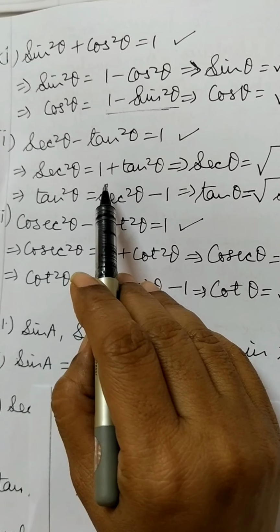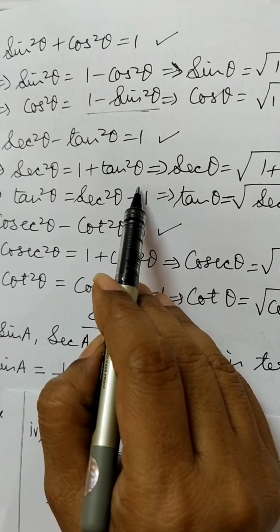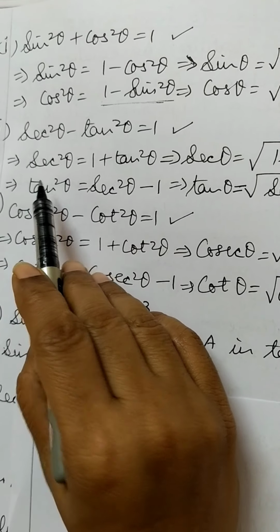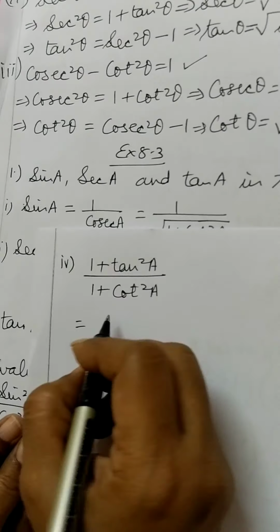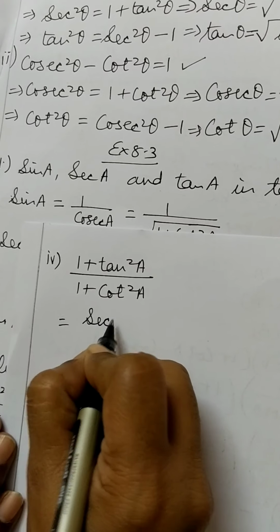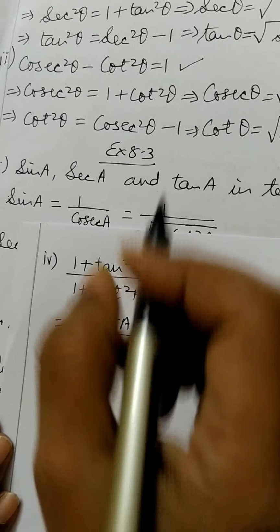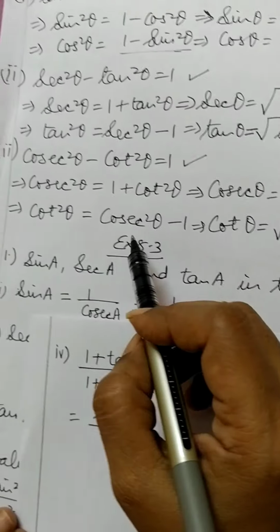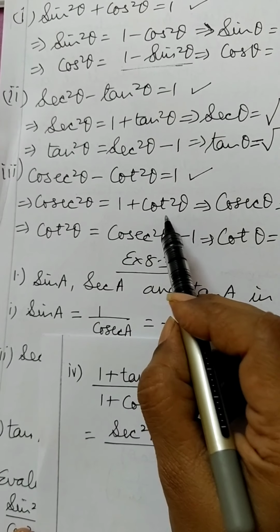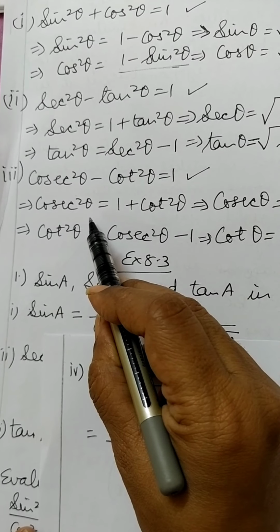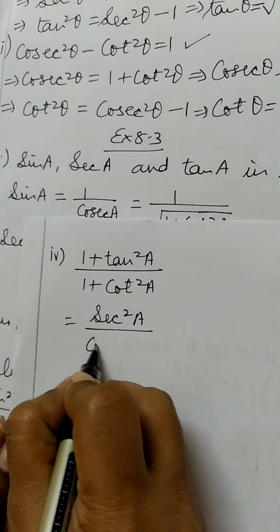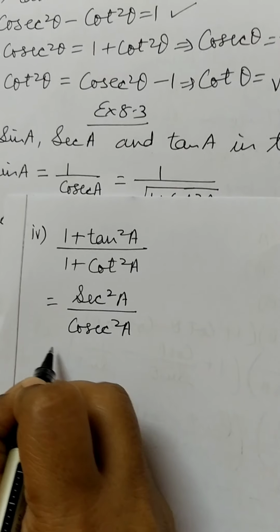From here we have got that 1 plus tan square theta is sec square theta. So in place of 1 plus tan square A we can write sec square A. Similarly, third identity gives us that 1 plus cot square theta is cosec square theta. So here we can write cosec square A.